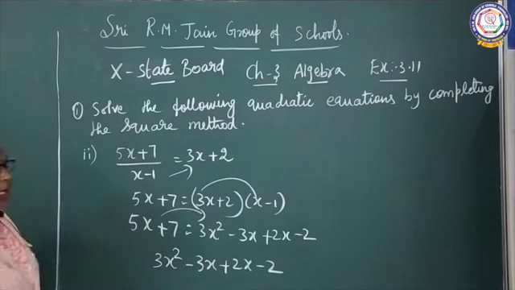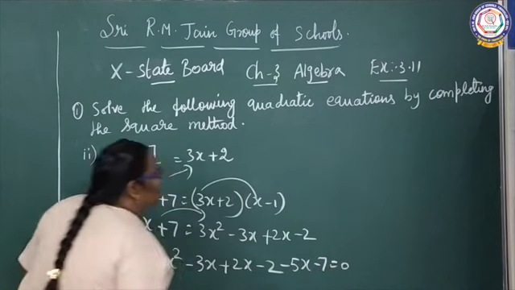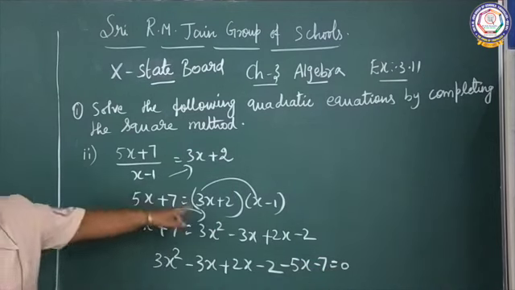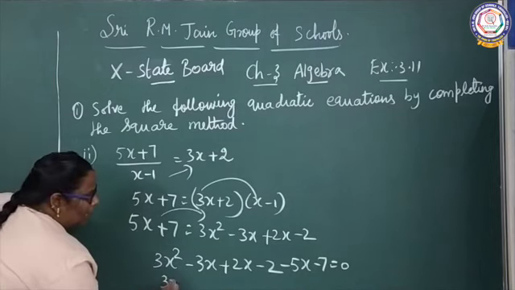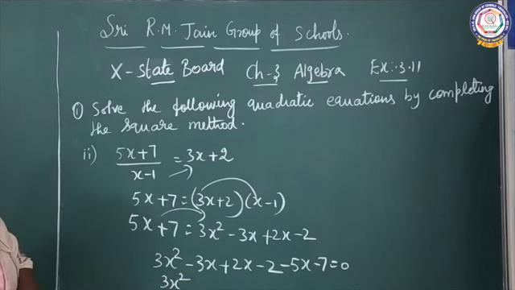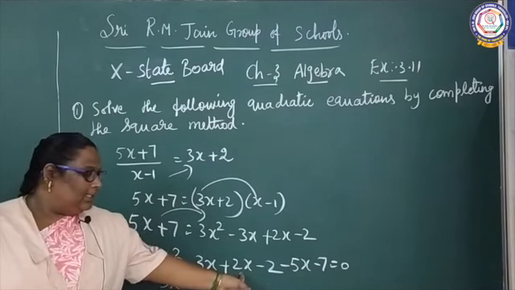What is the value you are getting? Minus 5x minus 7 equal to 0. So, 3x square minus 3x plus 2x is minus x.